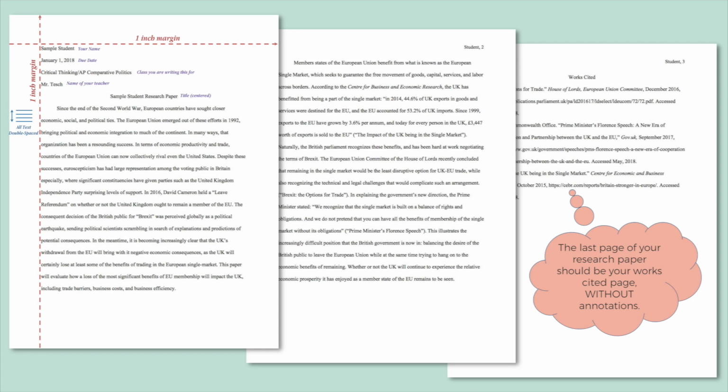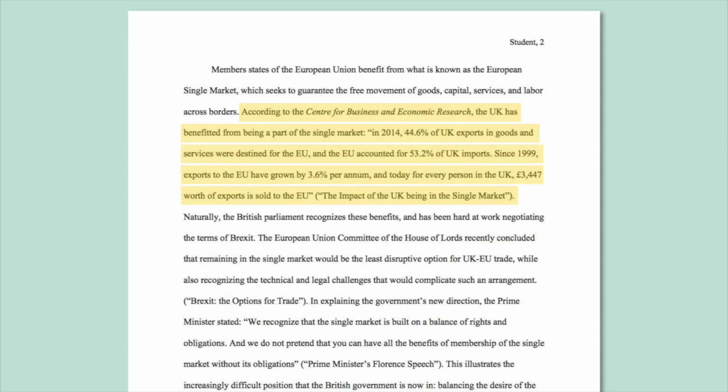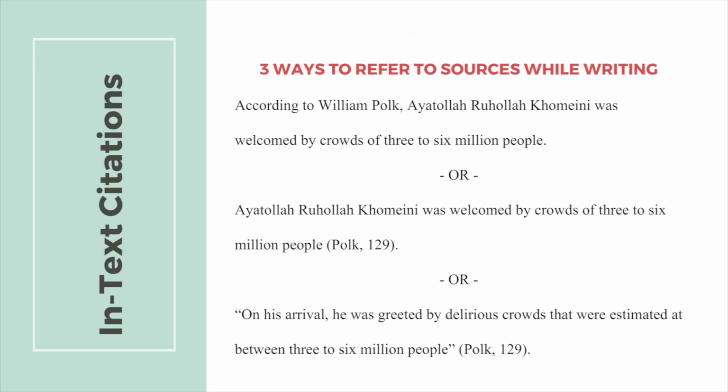So if you'd like to copy your sources over to this document, you can, but make sure you delete the annotations here. When you need to refer to a source in the body of your paper, please remember to cite your source. That way, your reader can follow up on where you found your information by looking at the works cited page. There are a few different ways to do this. You can refer to the author within the sentence and paraphrase or summarize what they say, or you can paraphrase or summarize the source and then include the author's last name in parentheses followed by a comma and the page number.